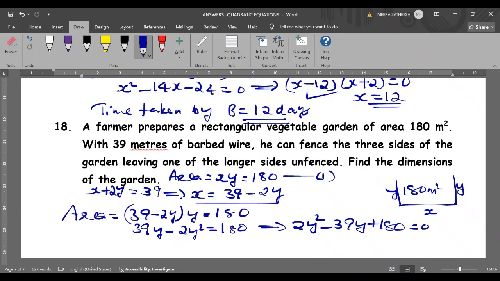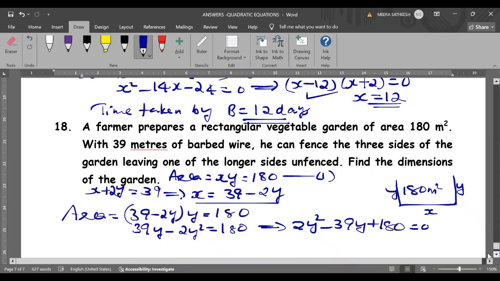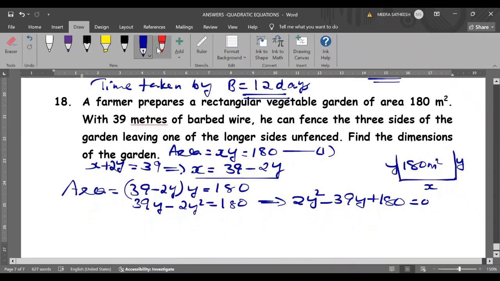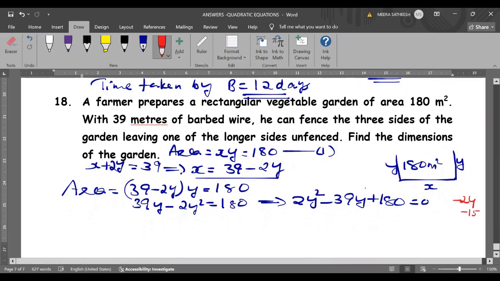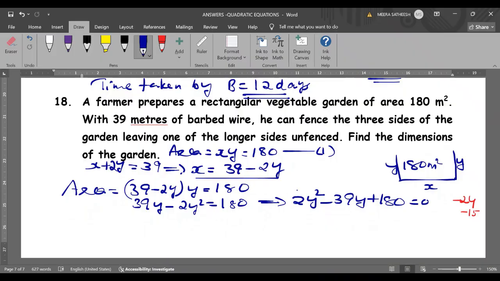Now the product should be 360, the sum should be minus 39. So what are the numbers? Minus 24 and minus 15, which add up to minus 39. Product is positive, not 180, 360; the product should be 360, that is 180 into 2. So split the middle term: 2y square minus 24y minus 15y plus 180 is 0.